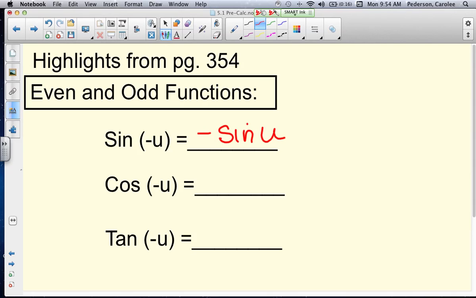Now that u can represent x or theta. Cosine of negative u equals the cosine of u. And then the tangent of negative u equals negative tangent of u.